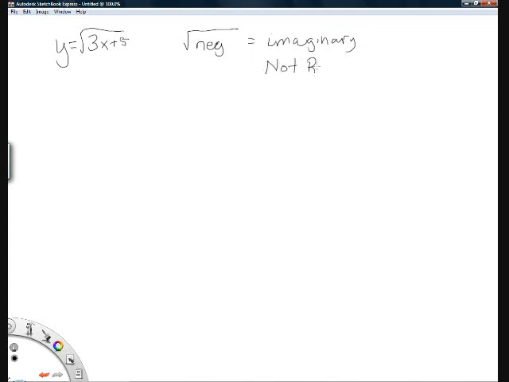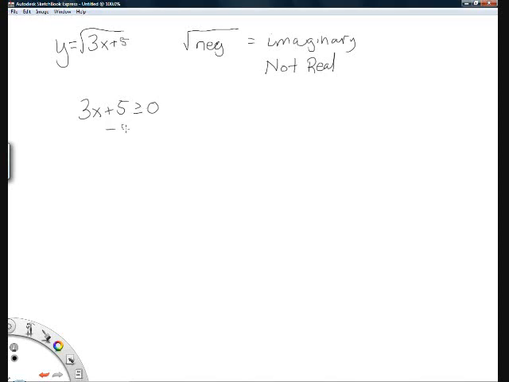So what do we need to do? If we are graphing in the real number system, we need to set 3x plus 5 greater than or equal to 0. Why? Because we don't want negatives.